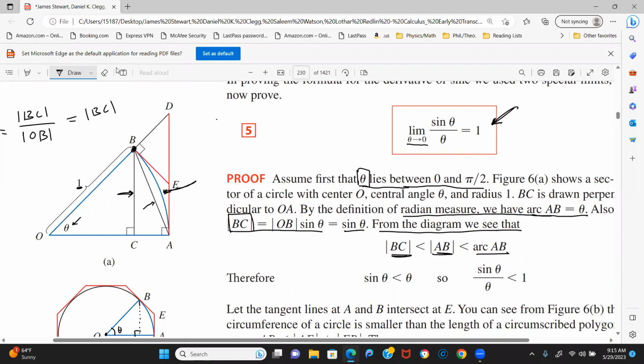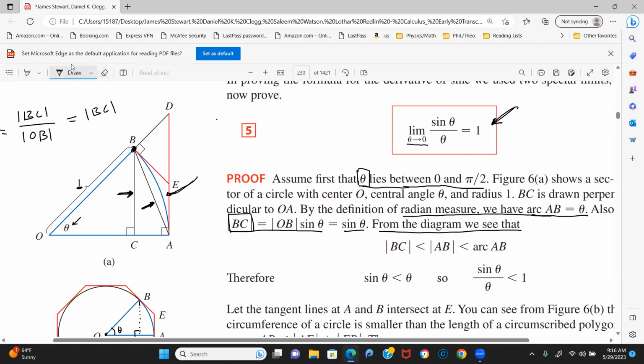So that's why this inequality holds. You can see the line AB is trapped between this line and this arc length. So that's why we get this inequality right here.